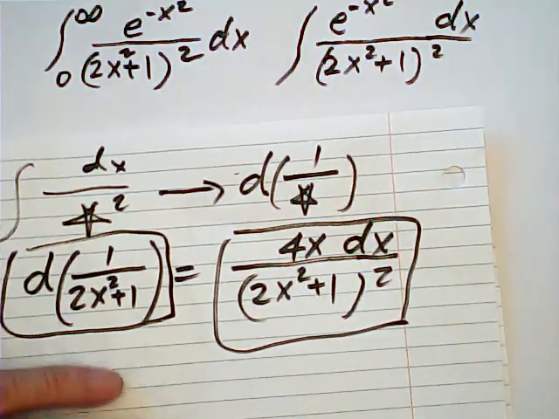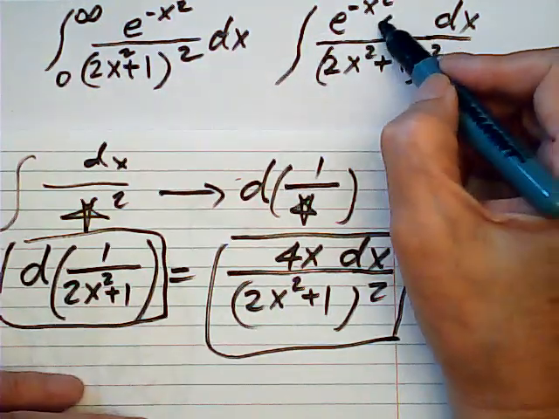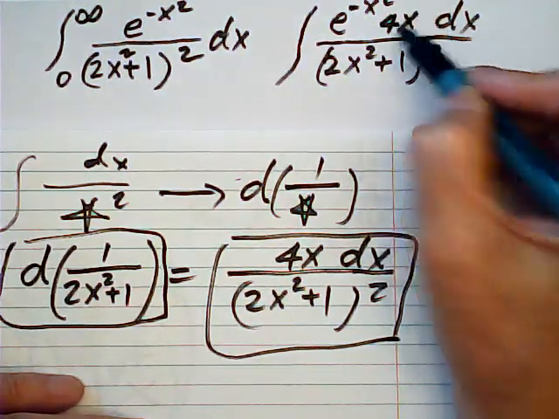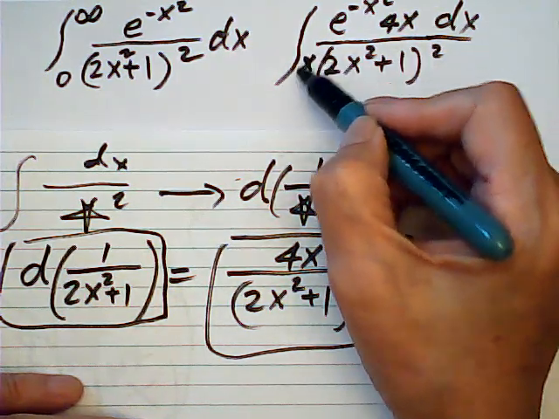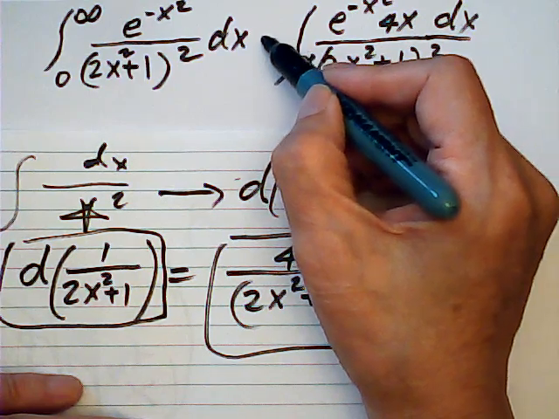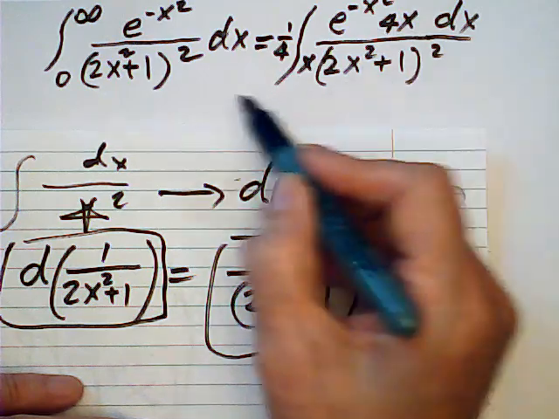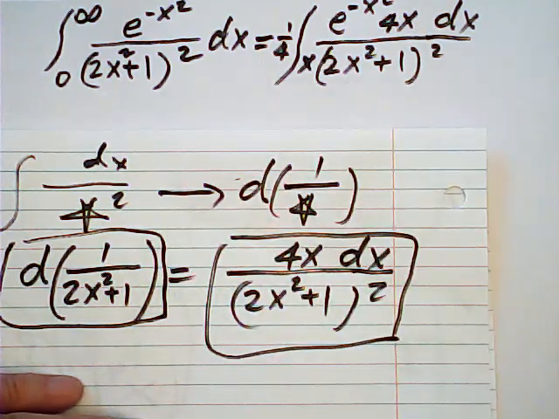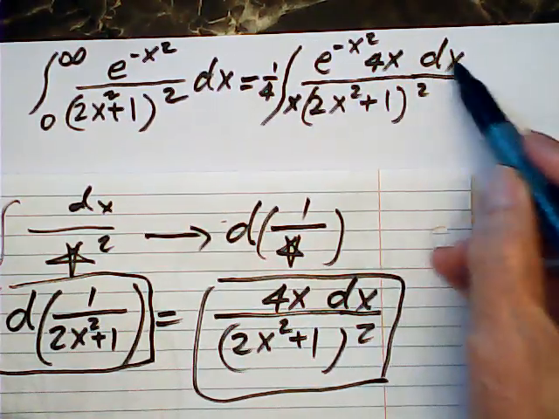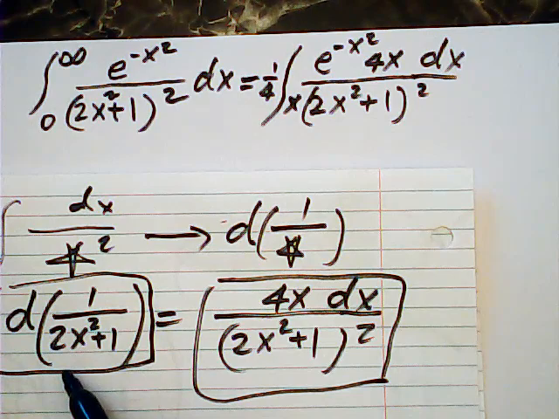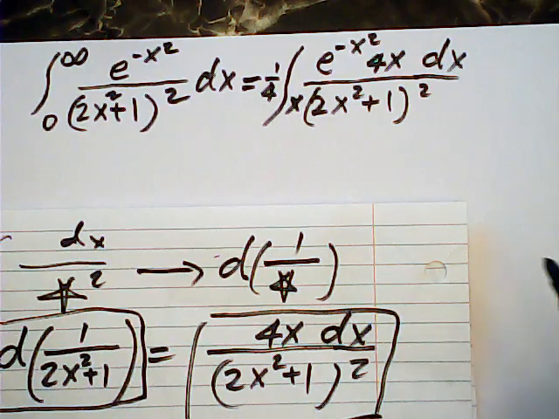That is what I have. But I want this, so I must create this one, at the same time dividing by x and dividing by 1/4. Now they are equal, the same time that I have what I want.